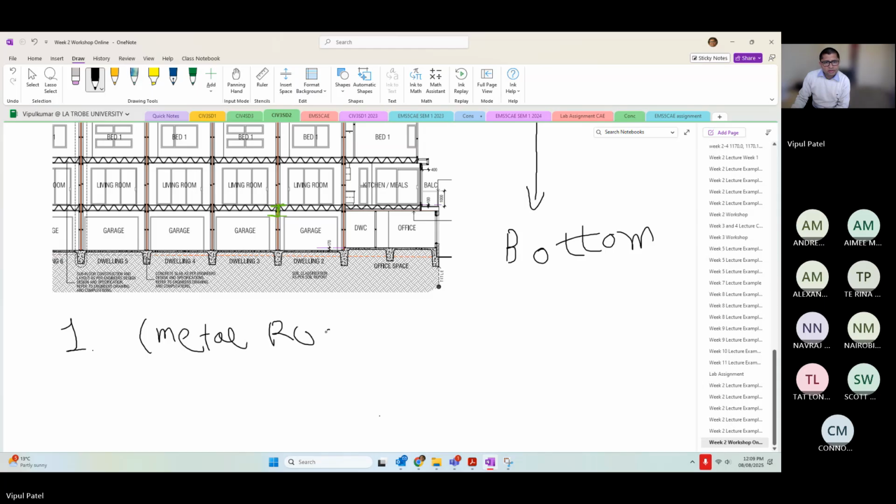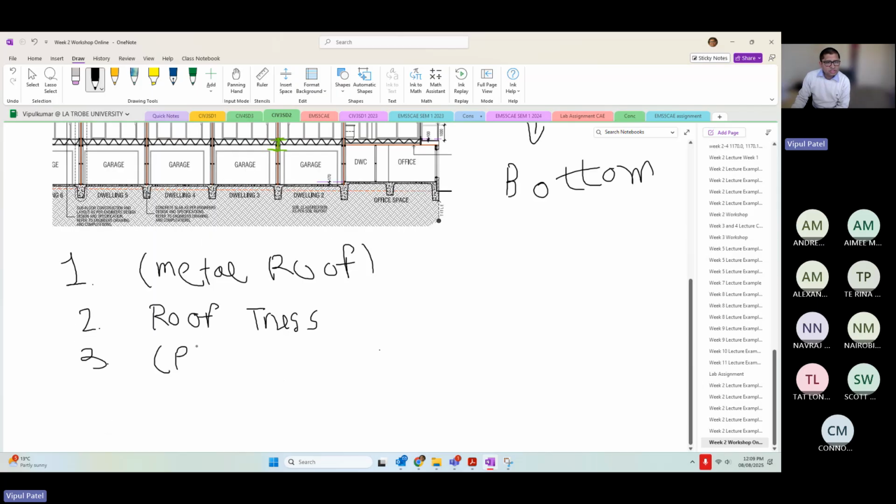Second, it will have a roof truss. I will show you that figure as well. The third is a plaster ceiling board. That's what the total weight of the roof would look like.